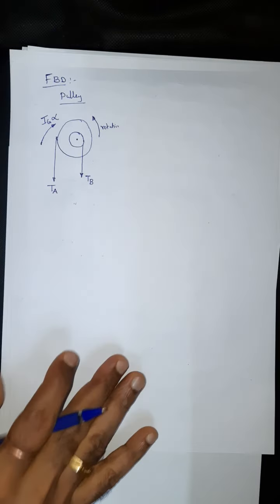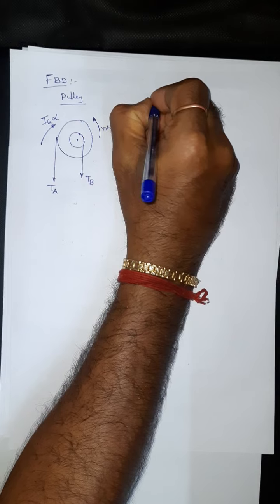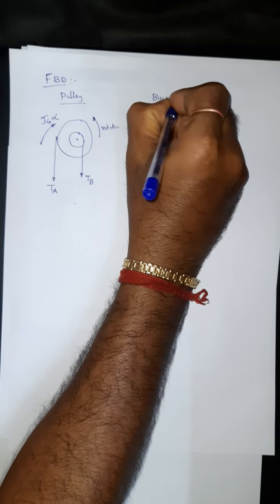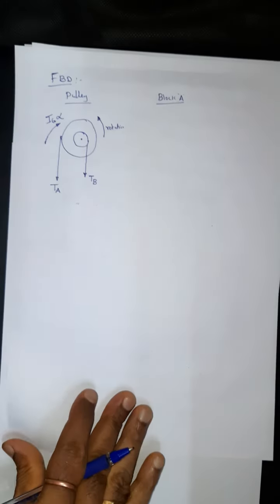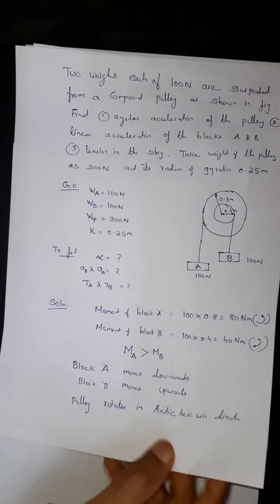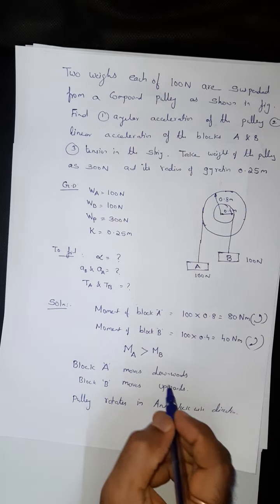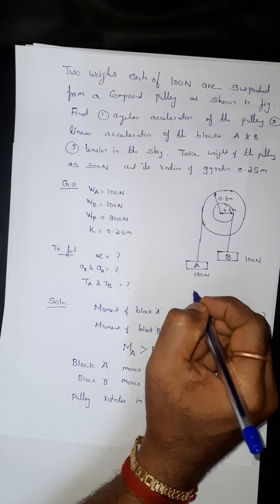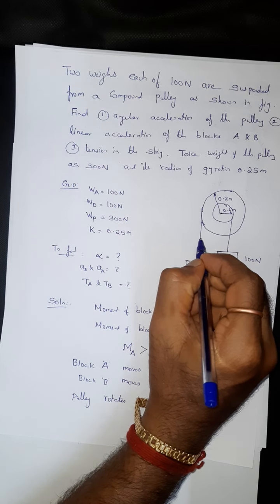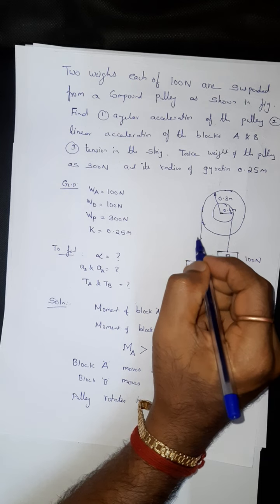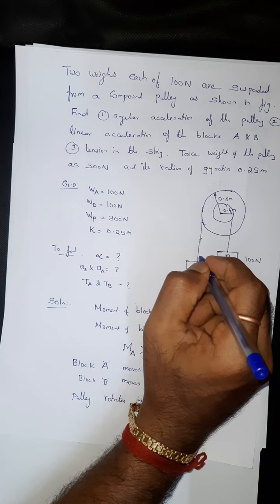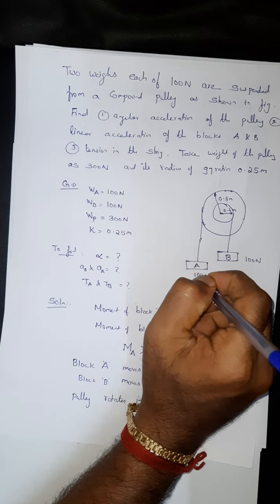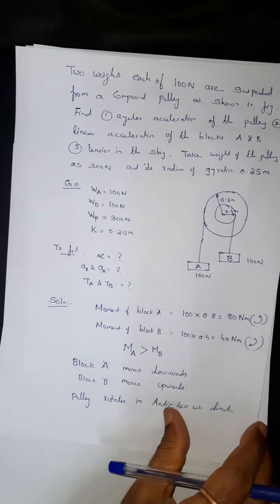Let me draw the FBD for block A. Look at block A, it moves downwards, so it tends to move downwards. Since it is connected to the cable, the tension will act upwards. Since it moves downwards, its inertia force will be opposite to the motion.